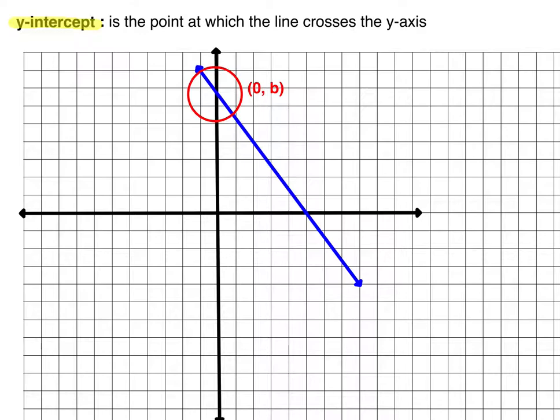But it's important to remember the y-intercept is a point, an ordered pair. It's not just one value. Okay, the x-intercept is also an ordered pair. It's where the graph crosses the x-axis, and that's at some point, some value, 0, because the y value at the x-intercept is 0.